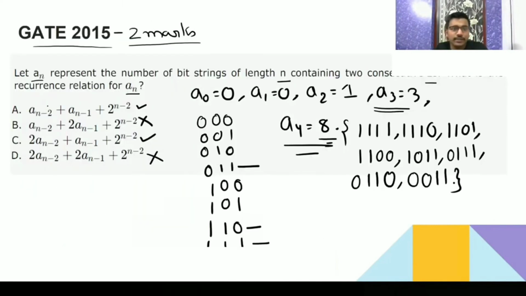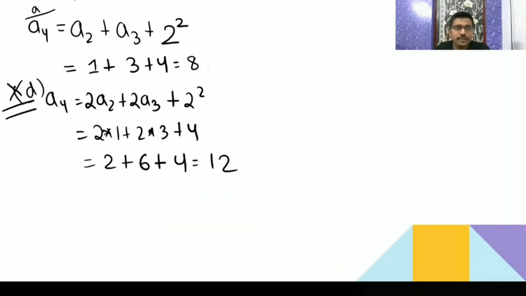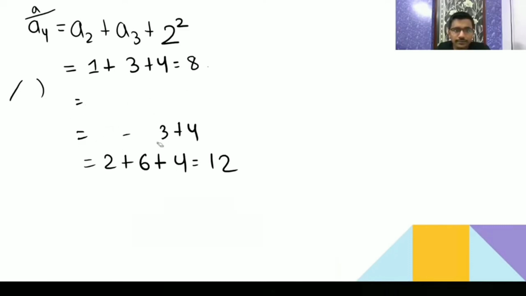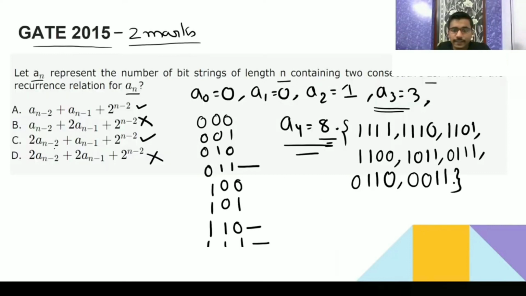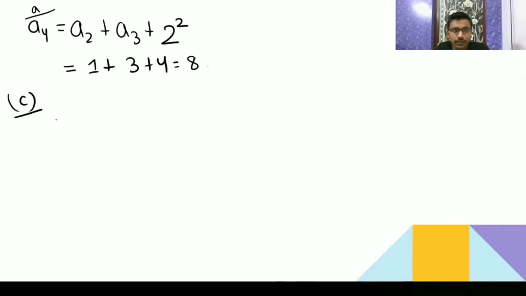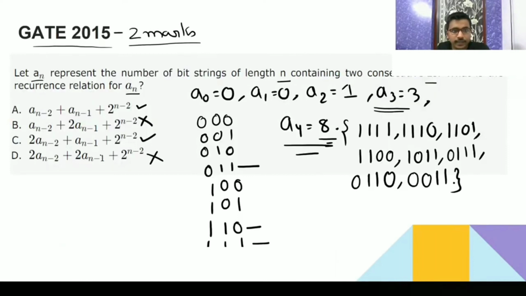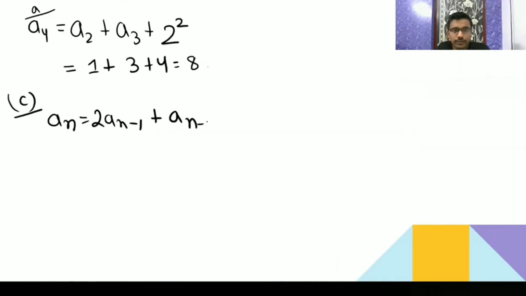Between A and C we are having the race. For option C, what is it giving? It is saying 2a(n-2) plus a(n-1) plus 2 to the power n minus 2.